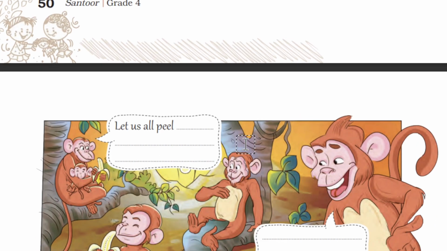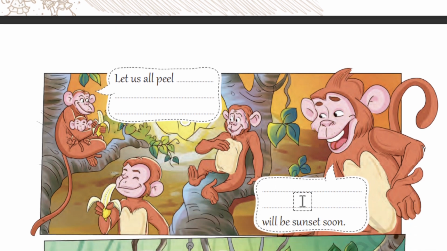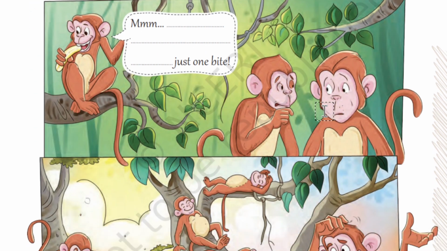You can write that. Let us all peel and have it ready in our hand to eat after the sunset. So next, will the sunset be soon? Oh, this banana looks yummy. So I'm going to hold it in my hand. So like that you can make your own sentences, students. Okay.